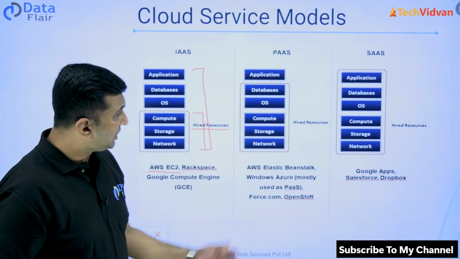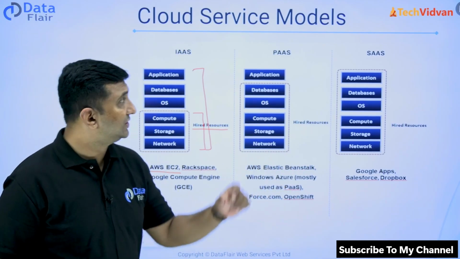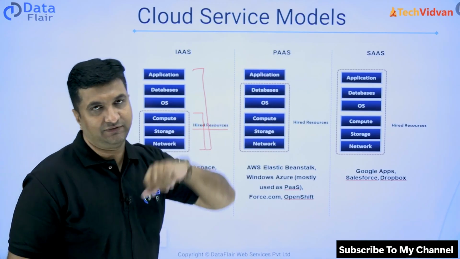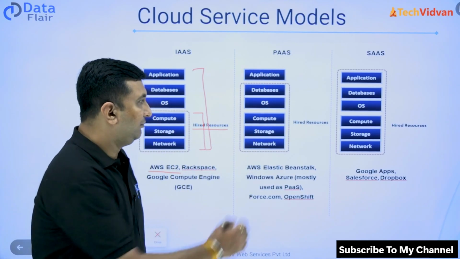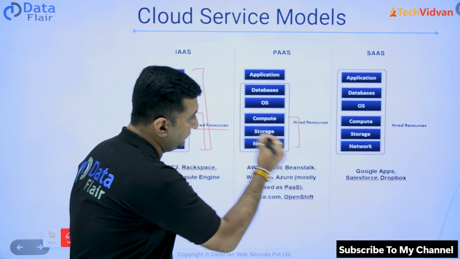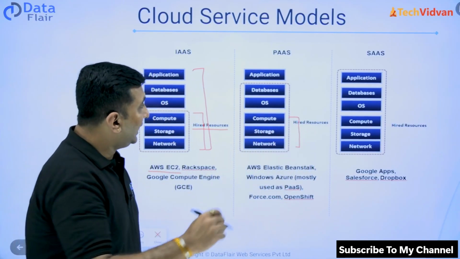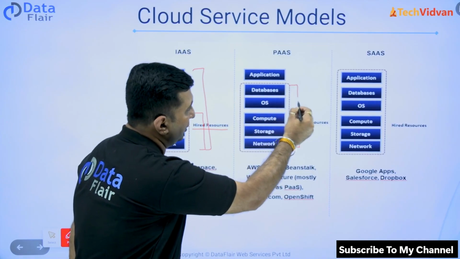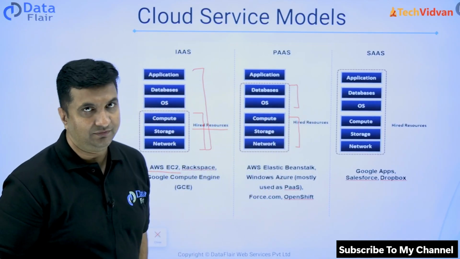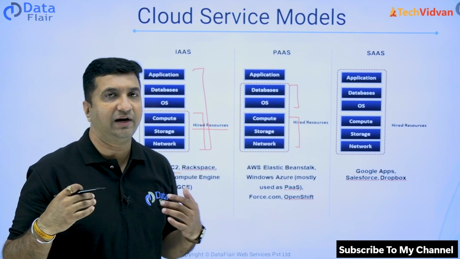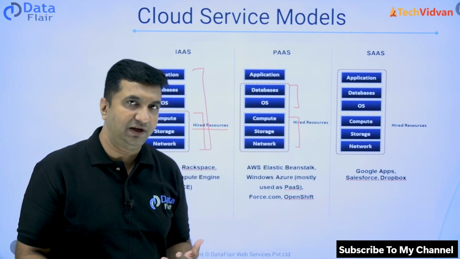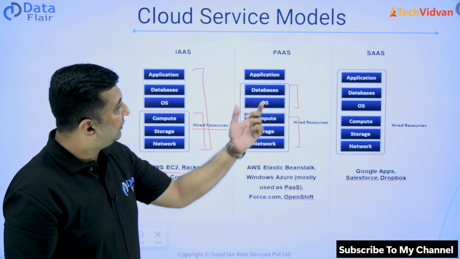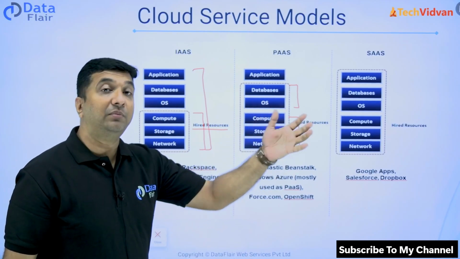Now, there's a second scenario in which we have platform as a service. What does it exactly mean? I want the basic infrastructure, and along with that, I need a database or operating system as well. I have my applications, but I don't want to spend on operating system licensing cost. I don't have that, right? So I want that operating system from the service provider.